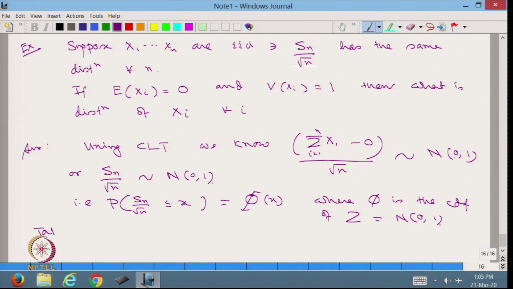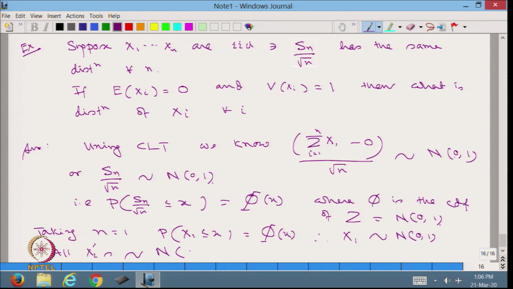Taking n equal to 1, the probability X1 less than or equal to x is equal to phi of x. Therefore, X1 is distributed as normal 0 1. Therefore, all Xi's are distributed as normal 0 1.